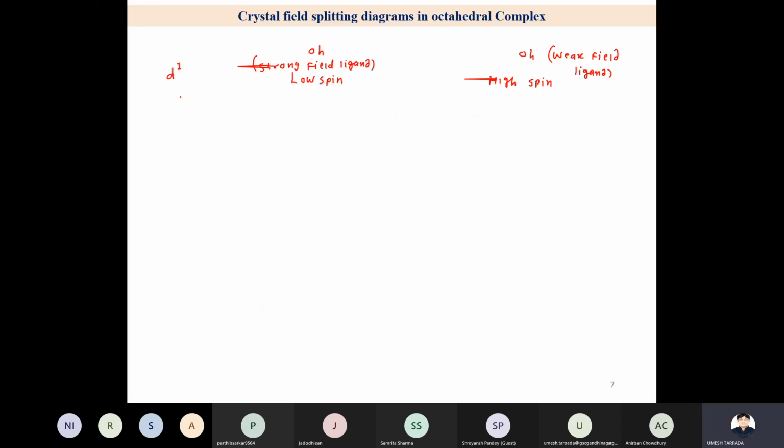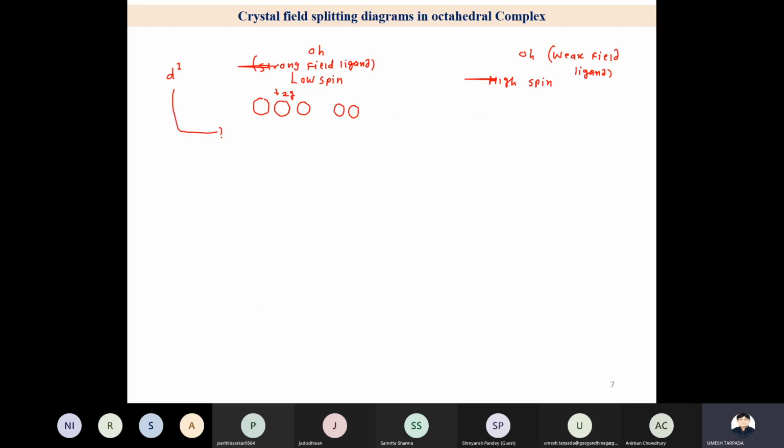So in the case of d1, what happens? In an octahedral structure, t2g has lower energy as compared to eg.